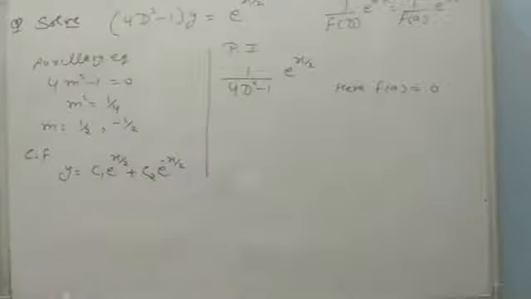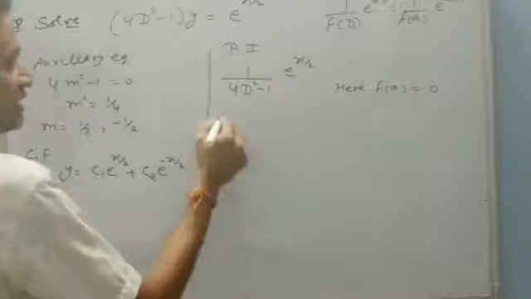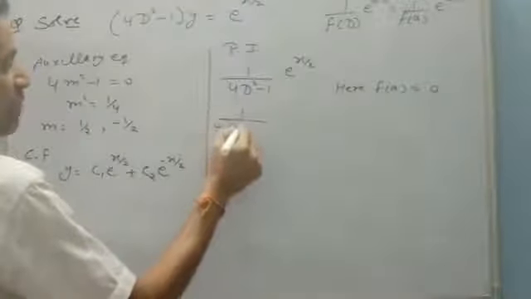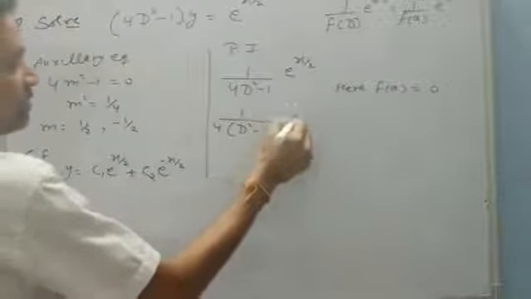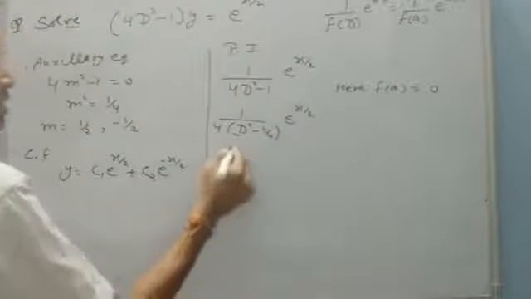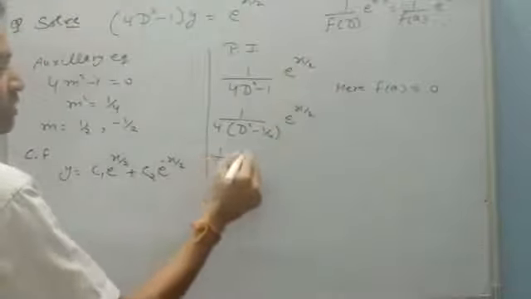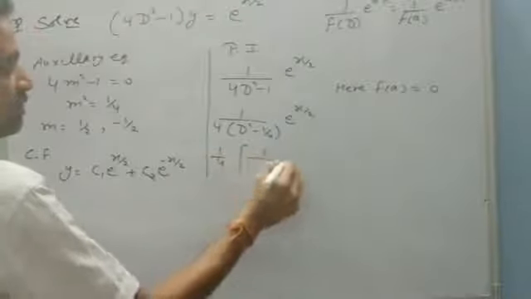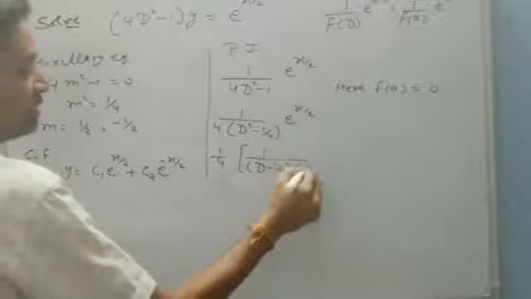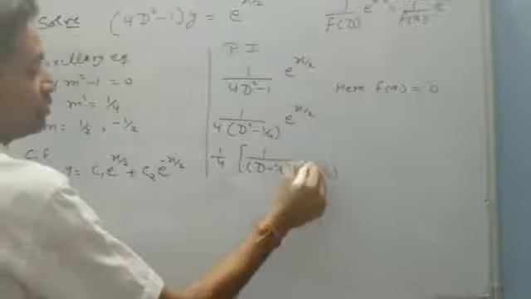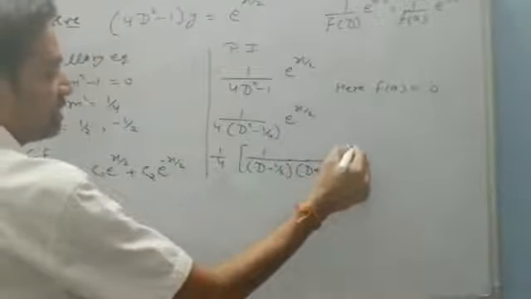So I will factorize it. For this, it will become 1 upon 4 D square minus 1 by 4, e to the power x by 2, or it will be 1 by 4, this is 1 upon (D minus 1 by 2)(D plus 1 by 2) e to the power x by 2.